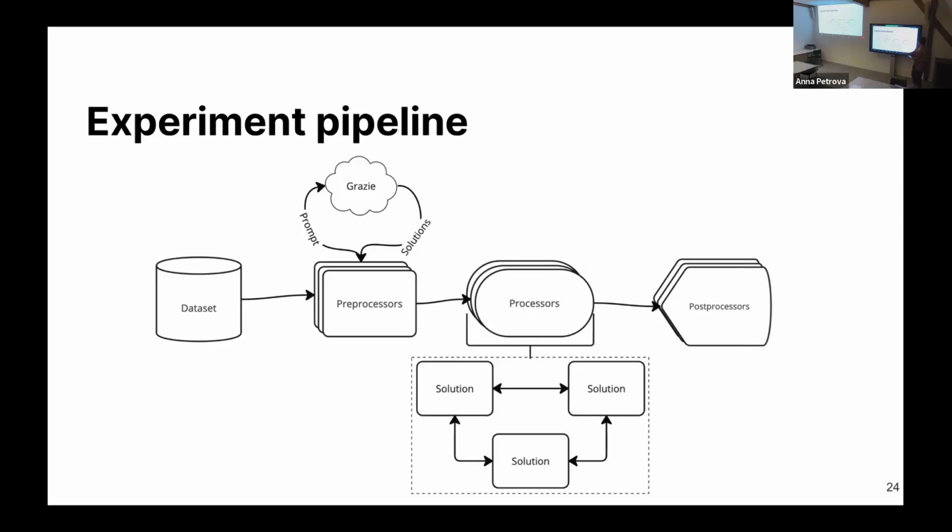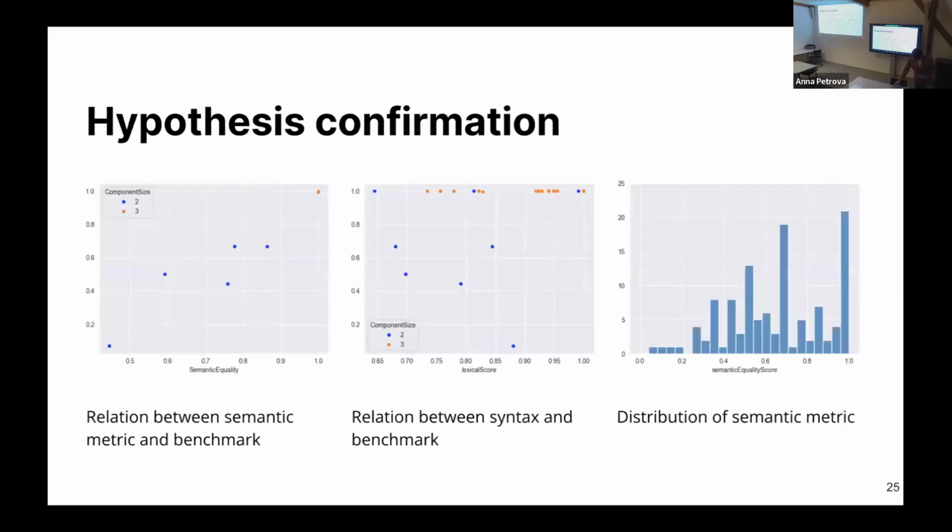After that, they go to processors that calculate metrics, syntactic or semantic, via pairwise computing. And then they go to a postprocessor, usually a report maker, a solution server, and so on.